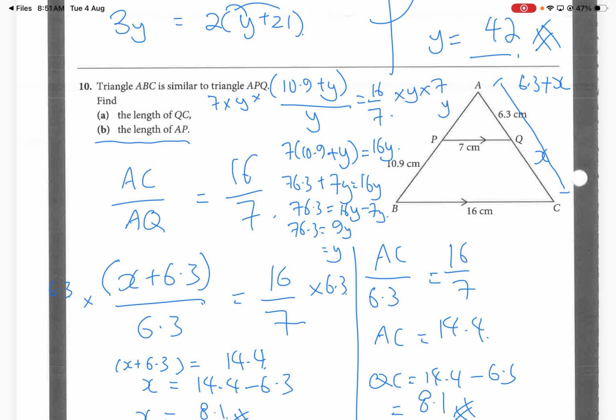Then I divide both sides by 9, I will get my answer. 76.3 divided by 9, 8.477. Then round off to 3 significant figures, 8.48.